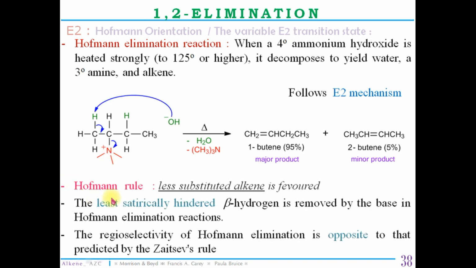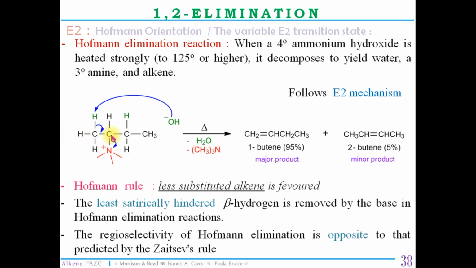As in Hofmann rule, less substituted alkenes are favored. The basis is that the least sterically hindered beta hydrogen is removed by the base in this reaction.